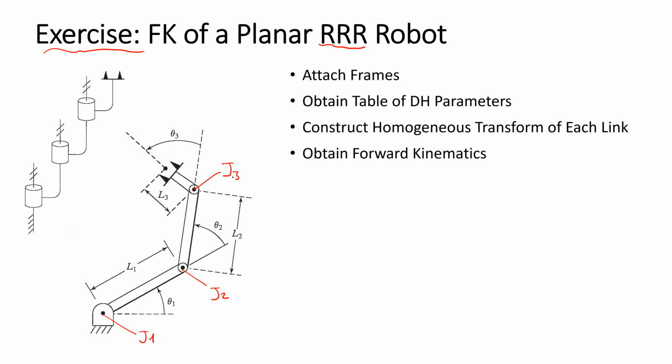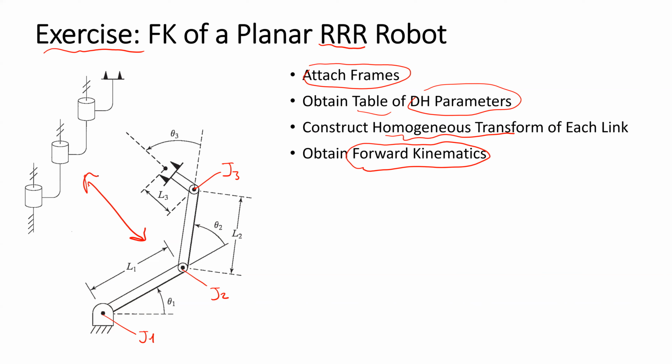All the joints are on the same plane. You need to attach frames on the robot, obtain the table of the DH parameters, and find the homogeneous transform of each link using this matrix. Then when you find the product of the matrices, you can get the forward kinematics of the robot.